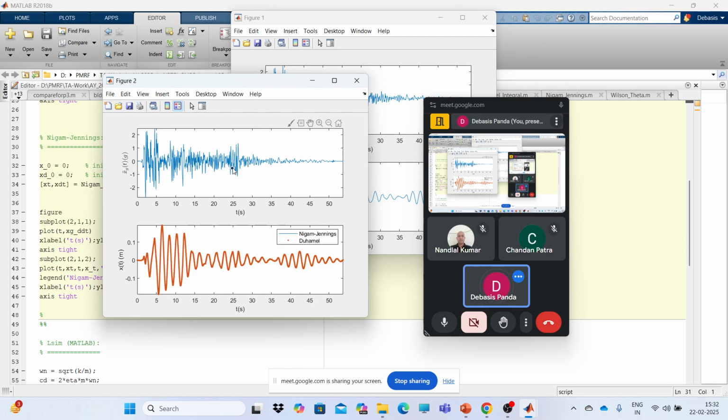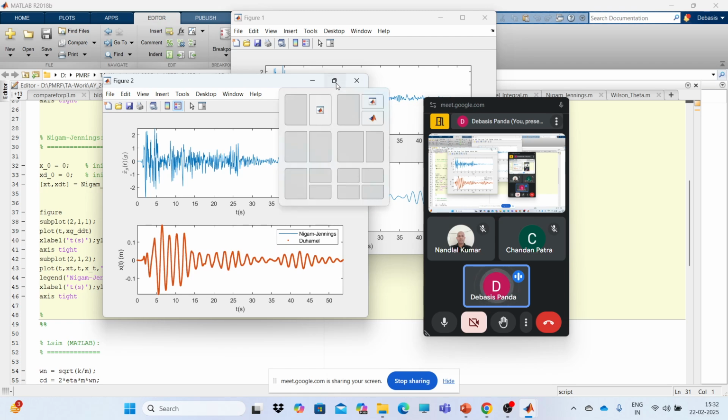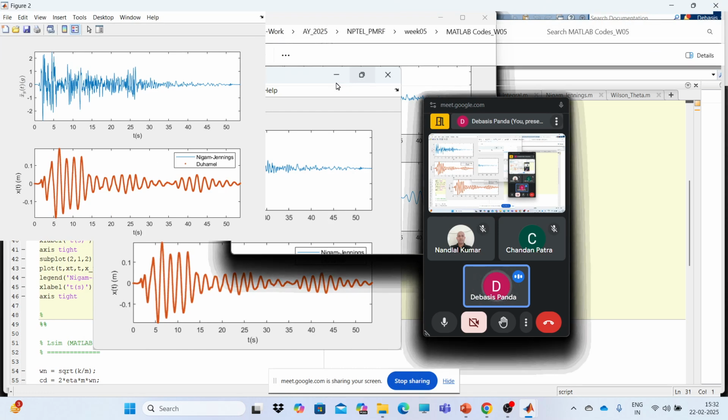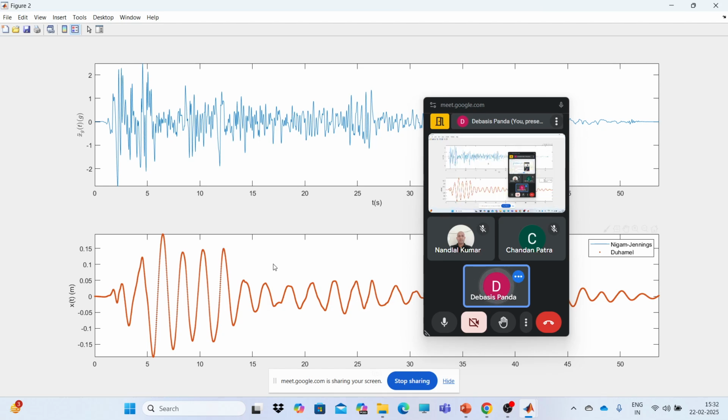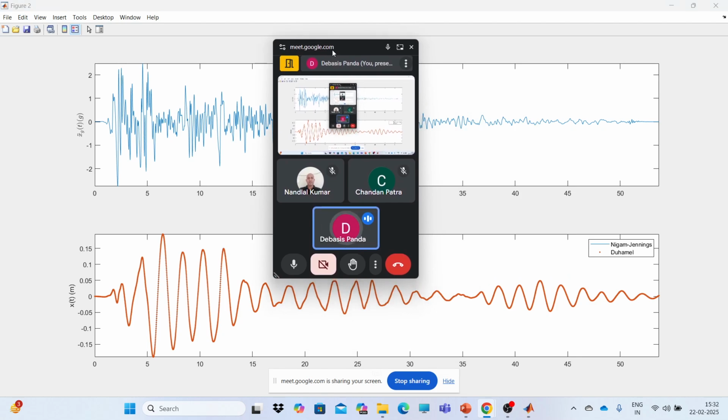And here I have solved using the Duhamel integral, because we already talked about the Duhamel integral in the last class. So we have the Duhamel integral code ready to check whether the Nigam-Jennings code is consistent, or whether there is any kind of error. For that, I have compared it here with the Duhamel integral.